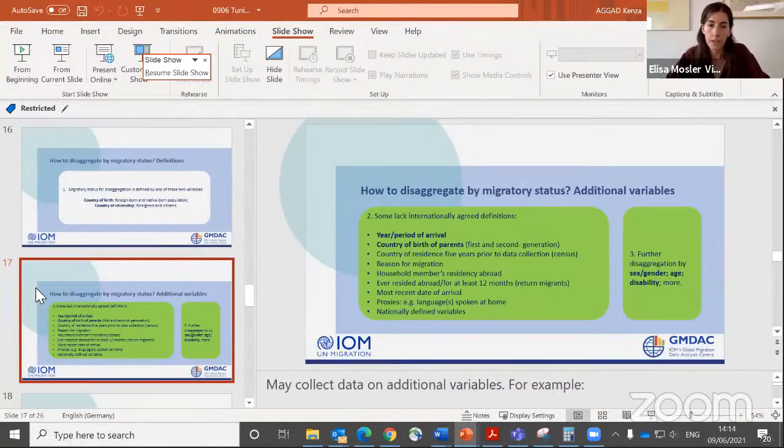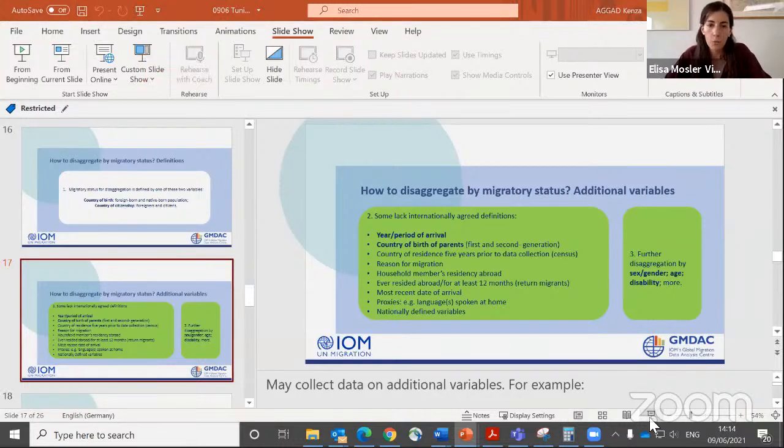An example of that could be a specific legal or visa category that one country uses. In many cases, countries publish or disseminate national statistics not by country of birth or citizenship, but by a specific visa category that the country uses. That can be a way to get more nationally relevant information.